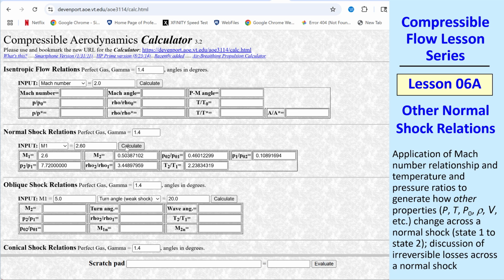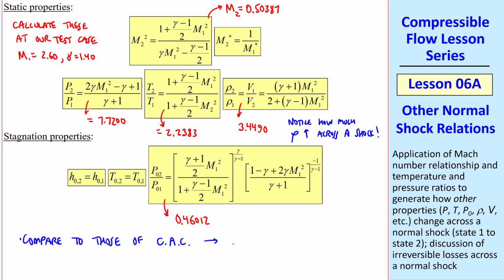We calculate M2 0.50387, p2 over p1 7.72, rho 2 over rho 1 is 3.4490, temperature ratio is 2.2383, and p02 over p01 is 0.46012. There's also a p1 over p02, which will become useful later on. As you can see, the online calculator values agree with our calculations, which should make you happy.